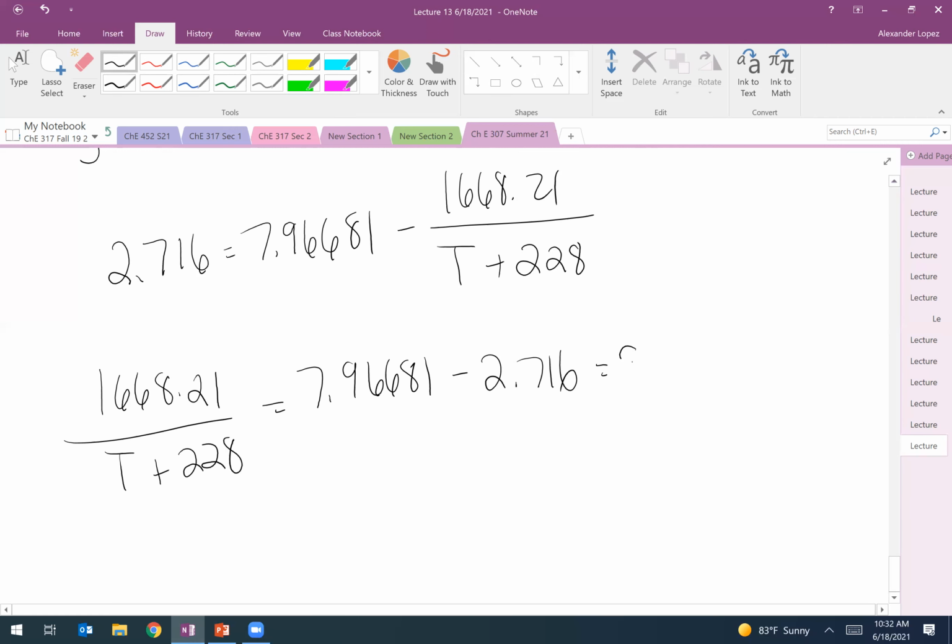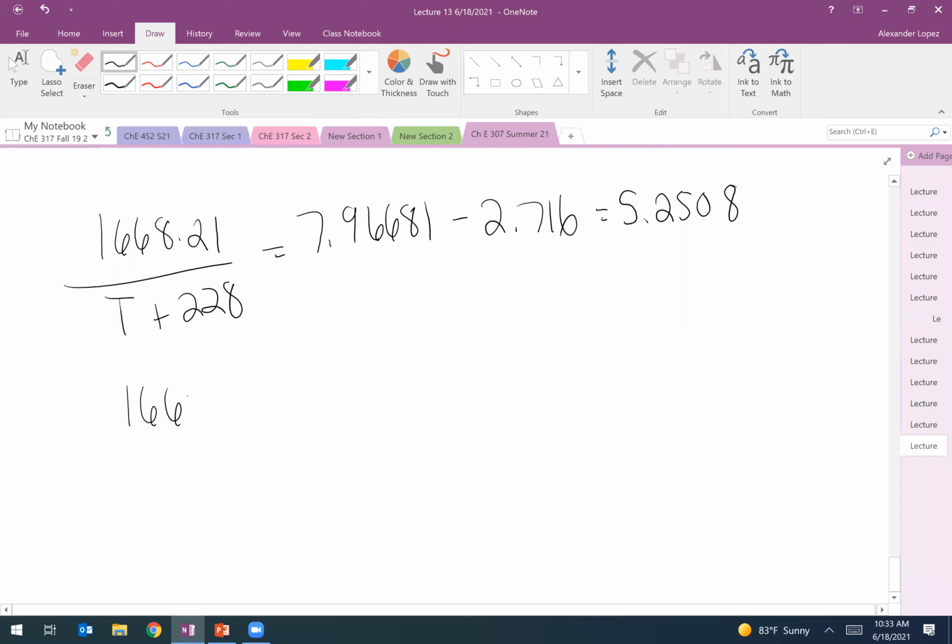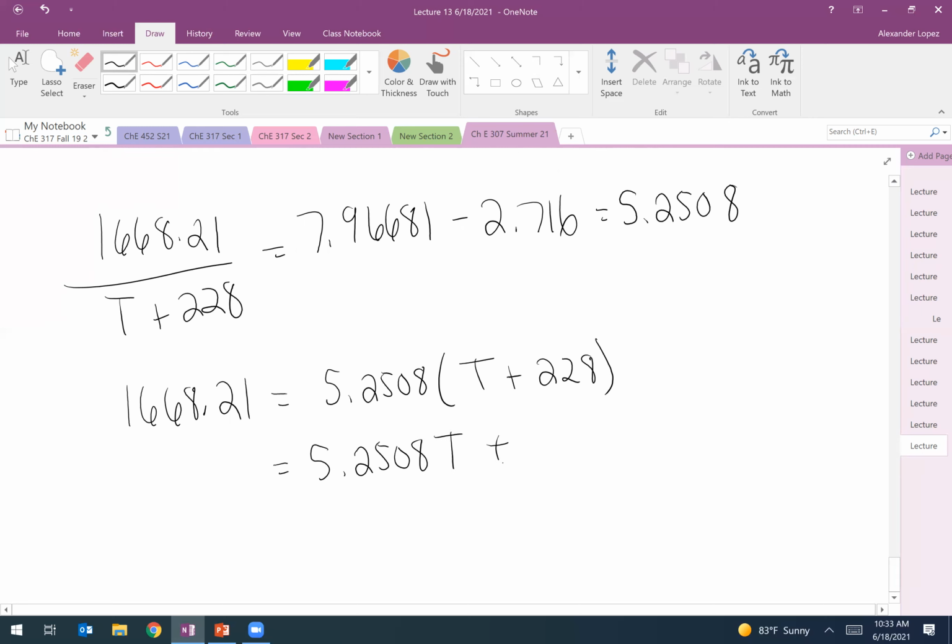Which is 5.2508. Now, if I distribute, cross multiply, however you want to consider it, I can say 1668.21 equals 5.2508 t plus 228, which equals 5.2508 t plus 1197.184.